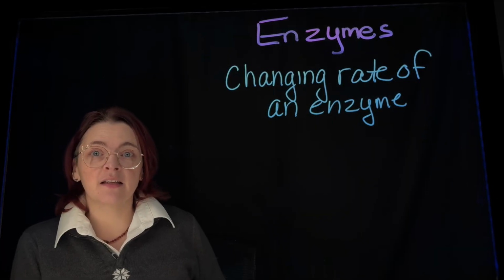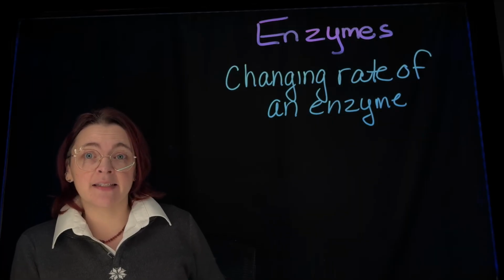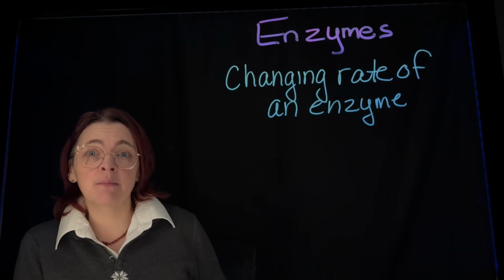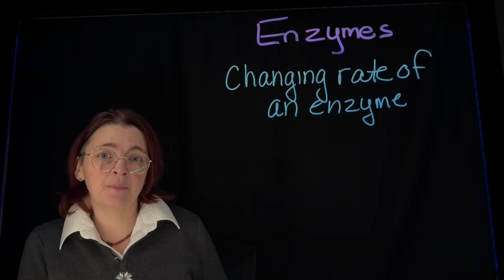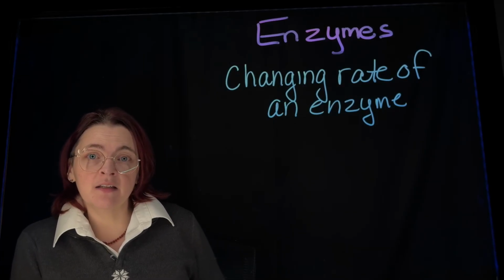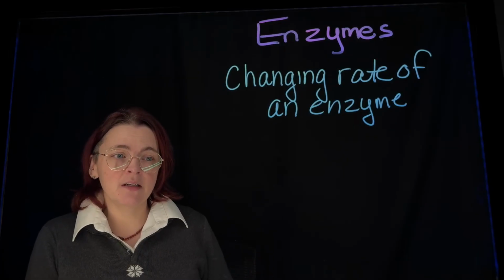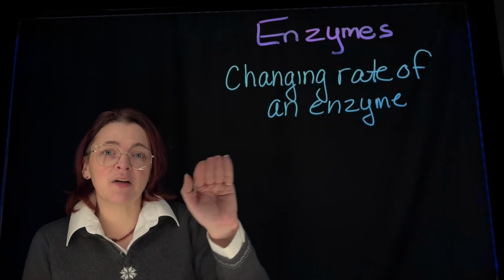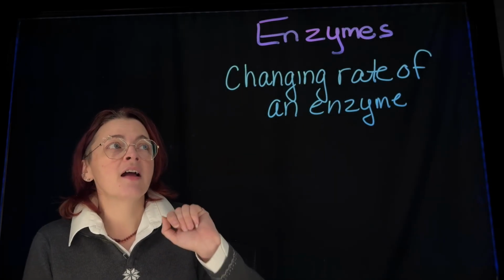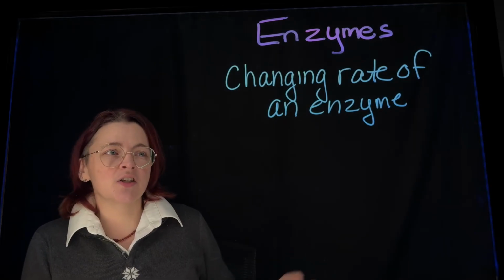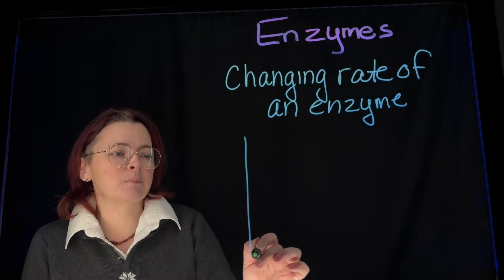The other thing that can change the rate of enzymes would be the amount of enzyme available and the amount of substrate available. If there's a lot of substrate, there's a lot of reaction to happen, and then at some point the amount of substrate available is going to kind of level off, and you won't see much of a speed up.